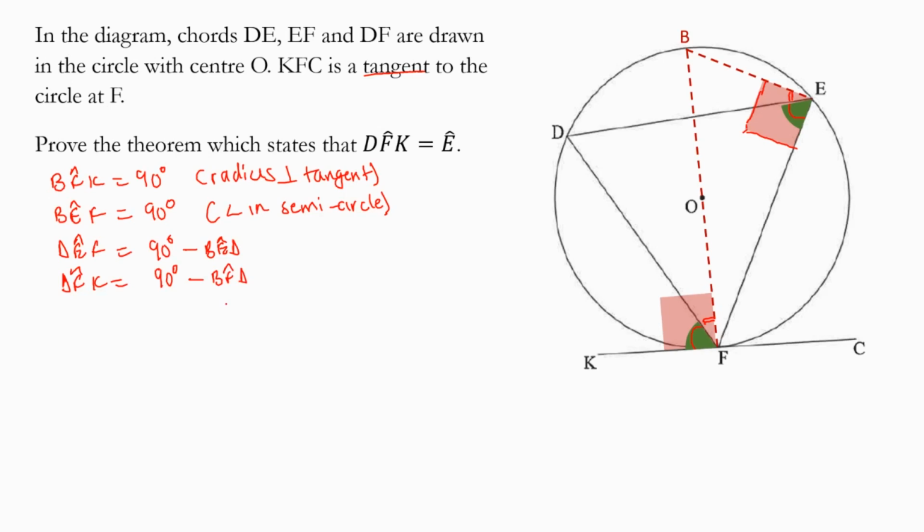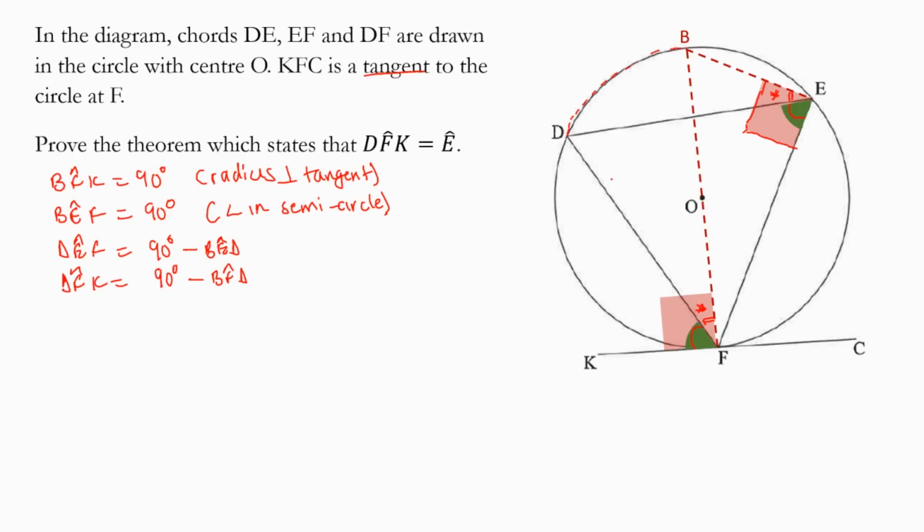Now, what can you say about angle BED and angle BFD? They are equal, because they are angles in the same segment. They are subtended by the same chord or the same arc, DB.